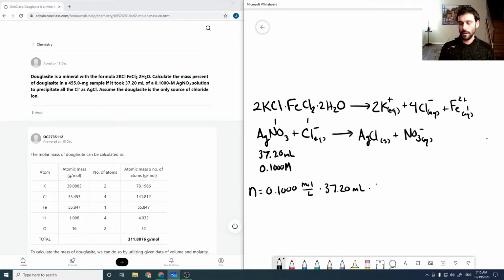To get the liters to cancel, we're going to multiply by 1 liter over 1,000 mils. So that'll cancel that and leave us with moles. And then running this through on our calculator, 3.72 times 10 to the minus 3 moles. And so as we said, that has to be equal to our chlorine number of moles.